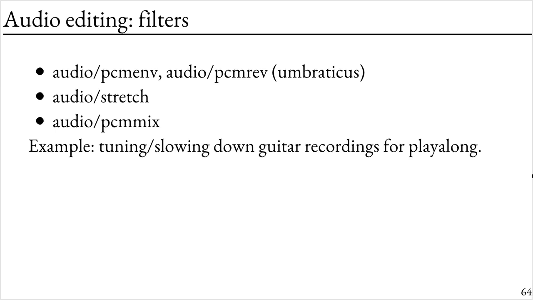All of these read from standard in and write the result to standard out. And I have used all of these quite extensively, both for music making, but also for guitar practice, for instance, to slow down or to tune by n semitones down or up a guitar recording.